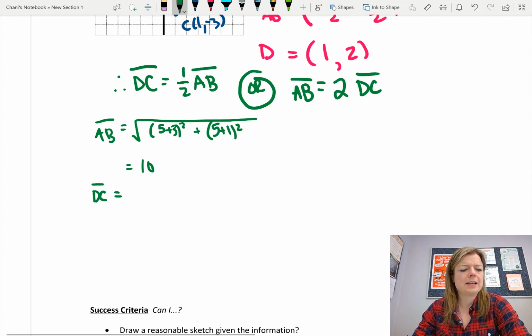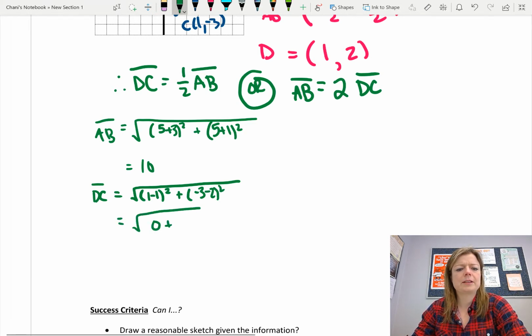So DC is between 1, -3 and 1, 2. So notice that 1 minus 1, they're actually on the same vertical line. That's fine. That doesn't mess anything up. And then -3 minus 2. So you get that this is 0 plus 25.